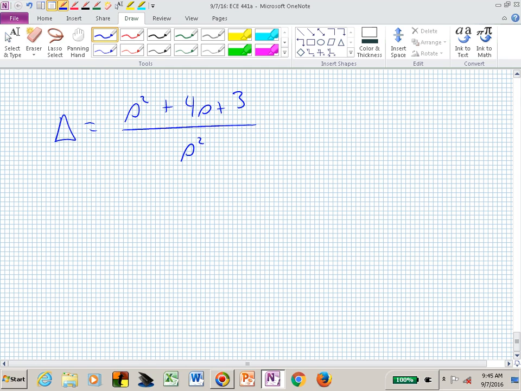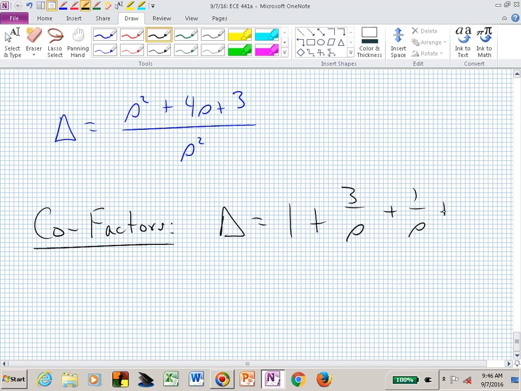Those are my determinants, and maybe you remember something else that sort of accompanies determinants, cofactors. So let's say that we start with our original determinant, which was 1 plus 3 over s plus 1 over s plus 3 over s squared.